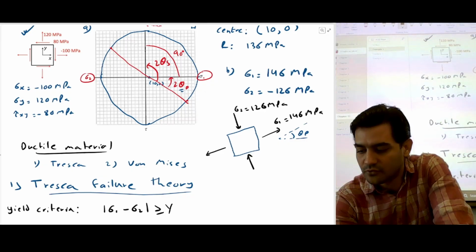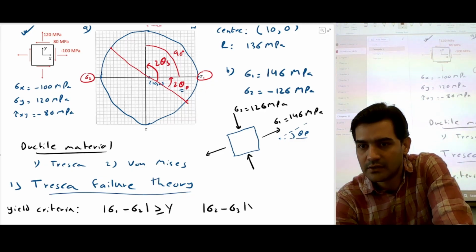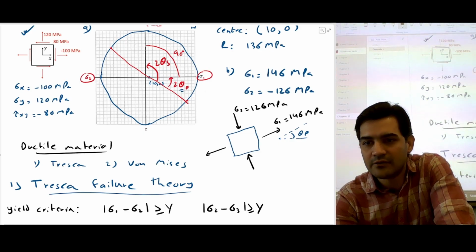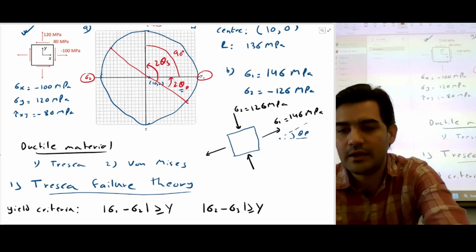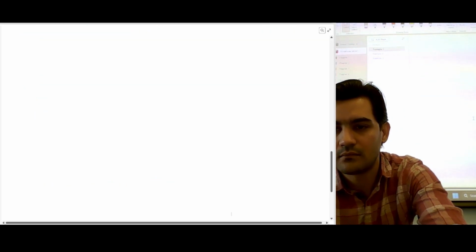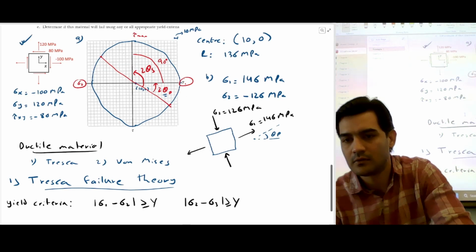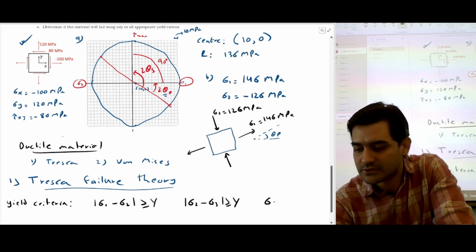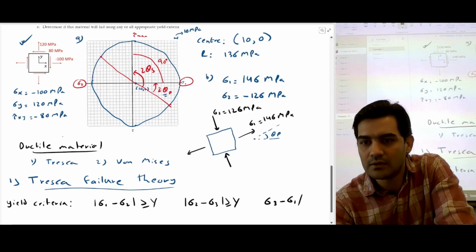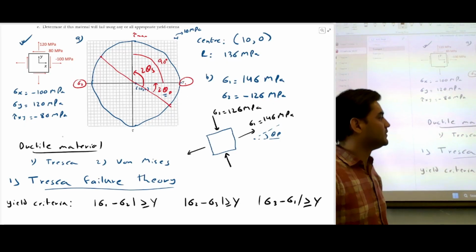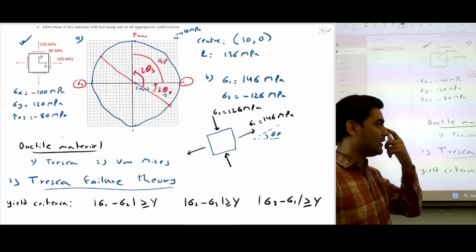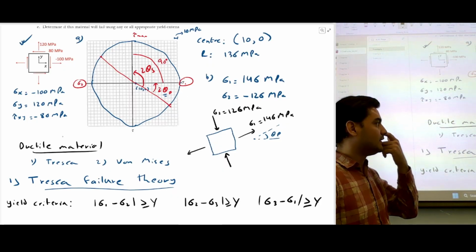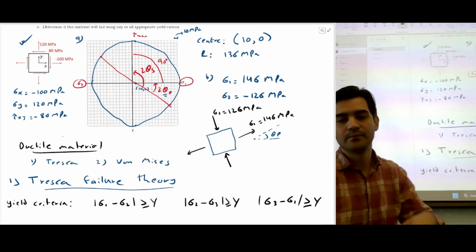We also have two more equations: stress 2 minus stress 3, if it's more than yield, we'll observe failure; and stress 3 minus stress 1, if this is more than the yield of the material under uniaxial testing, then we will observe failure.